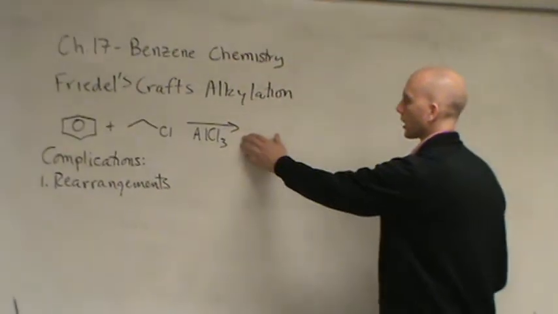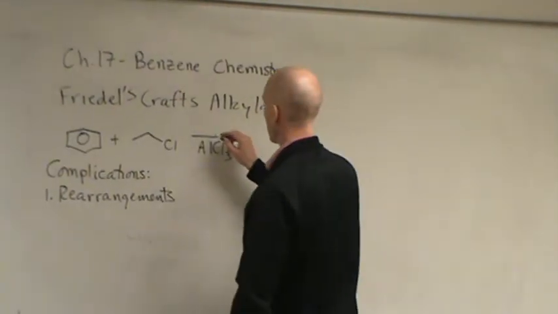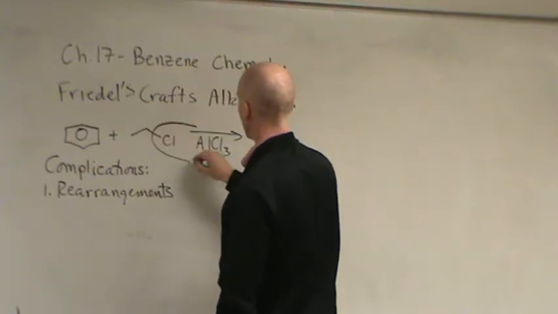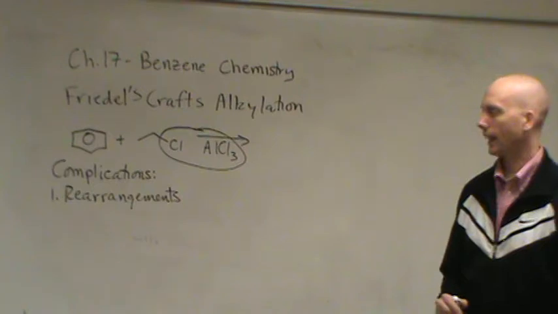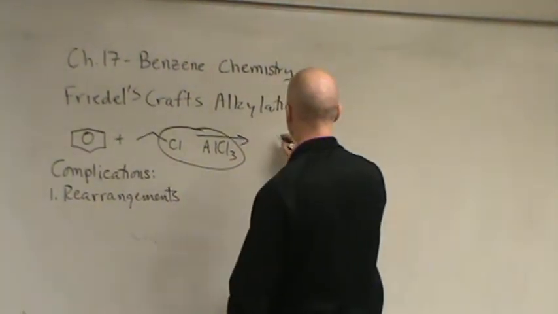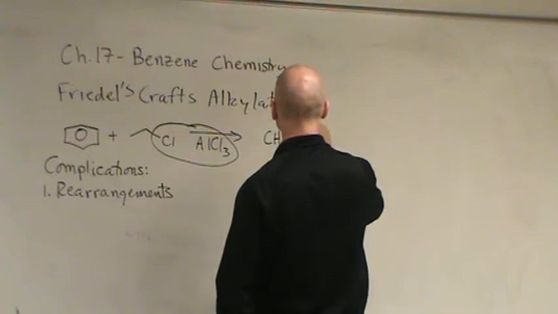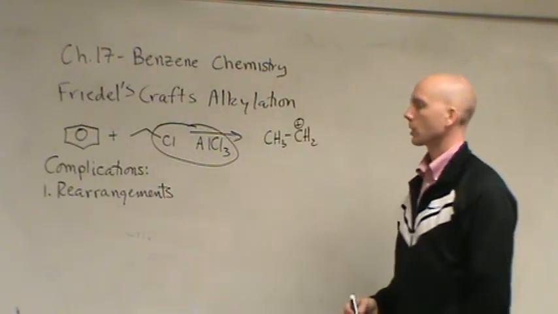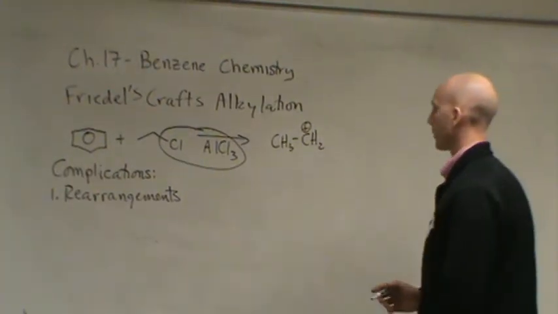Staying with this top reaction, the aluminum chloride pulls the chlorine off of the alkyl group, and so our electrophile ends up being a carbocation.